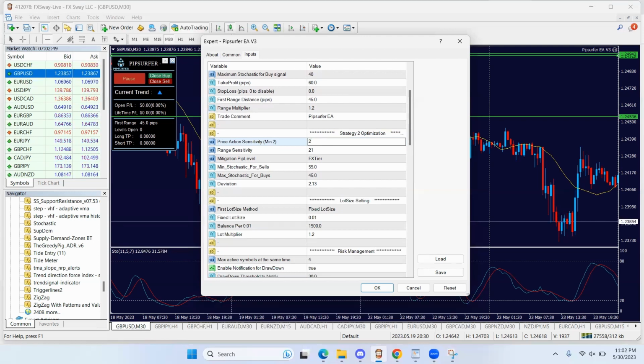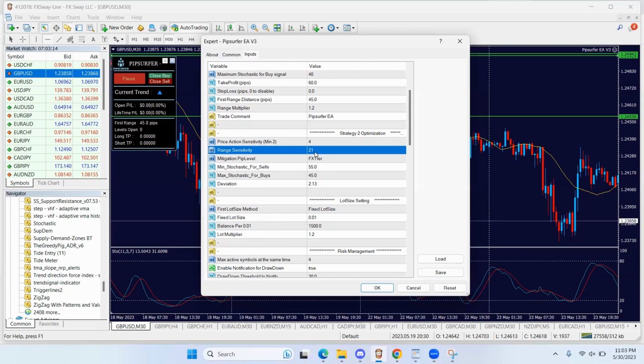If you have a lower sensitivity level, that means it's not going to look at too much price action in a period. It'll look at a lower number. If you do like 10, it's going to look at a good number of candles to determine if the price action conditions are being met within that range of candles. It's a little bit more complicated as far as exactly what it looks for, but it's more so looking for different supply and demand zones within a certain set of candles.